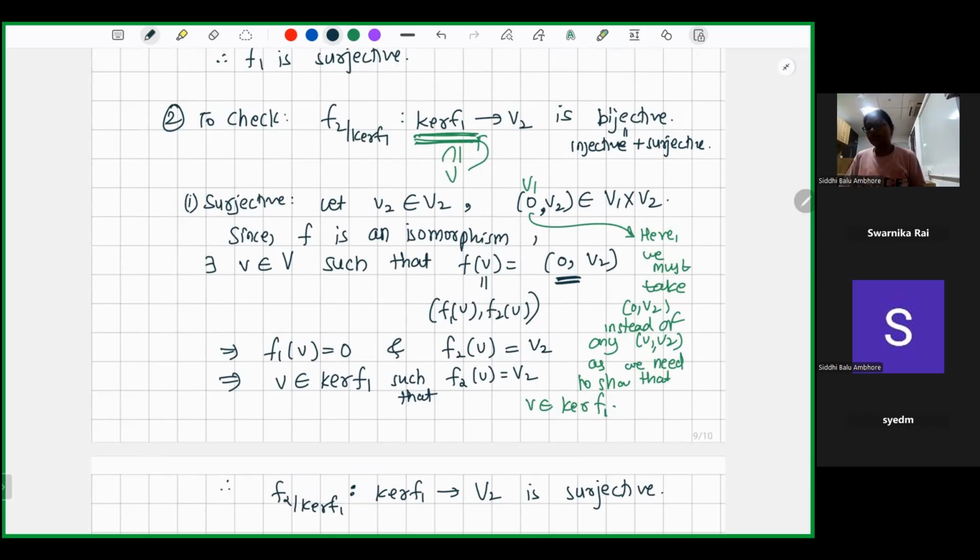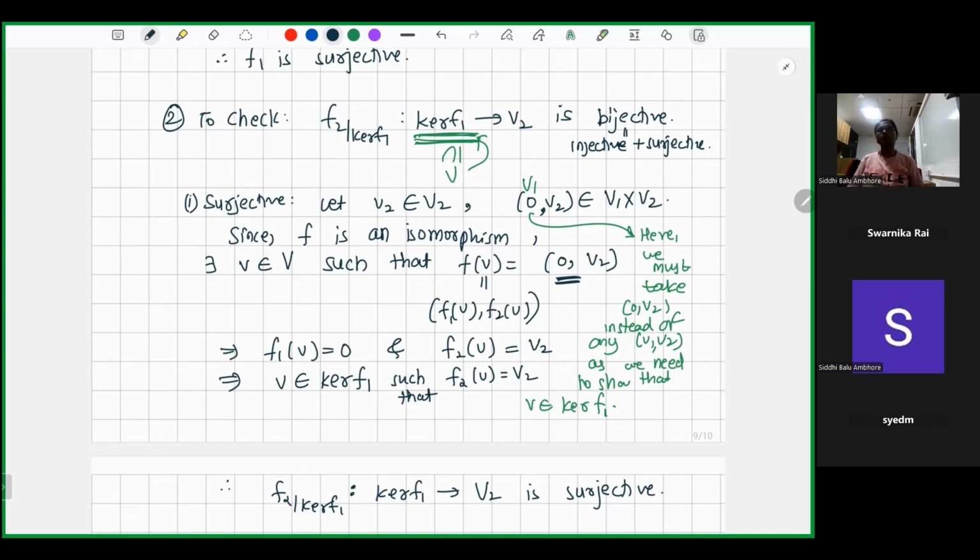That is still only using the surjectivity of f and not the injectivity of f. We have not yet dealt with injectivity. The 0 value you took, because we have to take 0, v2, not v1, v2, because the kernel f1 is equal to 0 always.